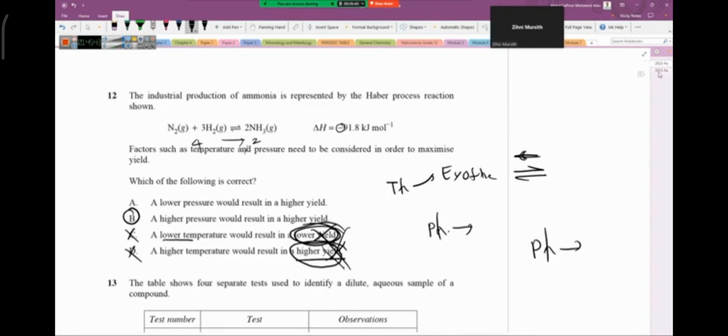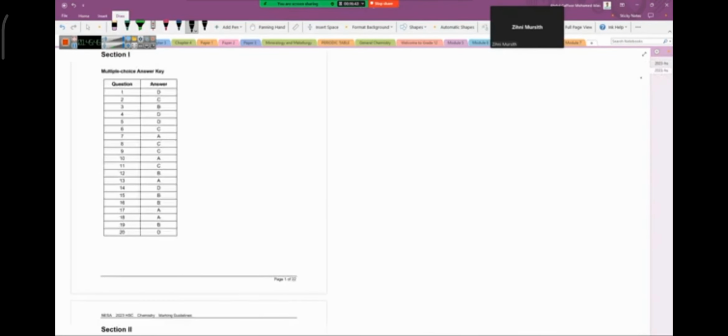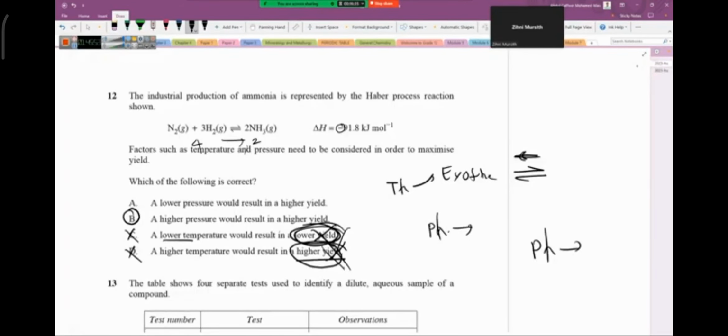Can I just check the answer? The 12th one. Yeah, the 12th one, B. Okay, so did you understand the explanation now? If you increase the pressure, the equilibrium will move in this direction, since the product side has fewer moles, right? So the answer would be B. And why is option A incorrect?